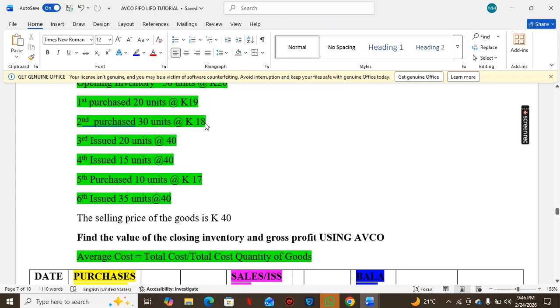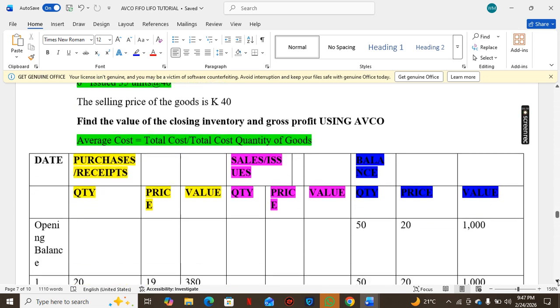Here, I want you to notice that the purchase price is going down. We're going to see how this affects the average cost, because how it affects the average cost translates to how it affects the cost of goods sold. So we brought in 30 units at 18 kwacha.